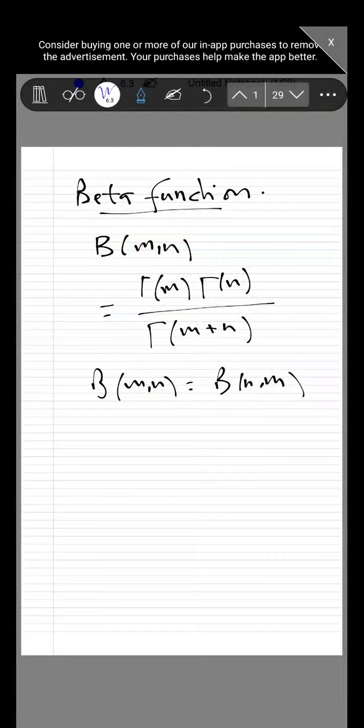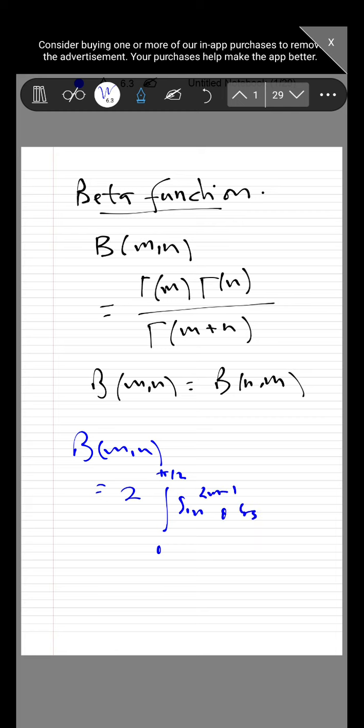and we can write the expression of B(m, n) as 2 into the integral from 0 to pi by 2 of sine to the power 2m minus 1 theta into cos to the power 2n minus 1 theta d theta.